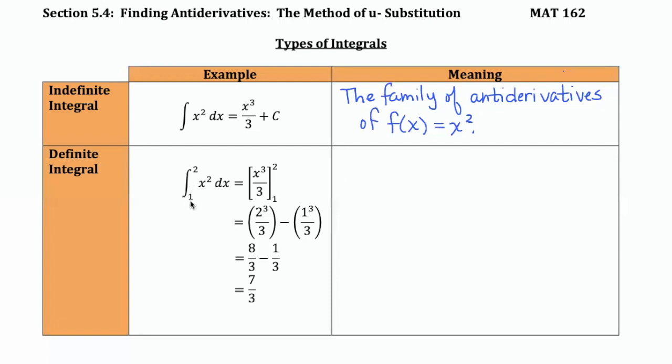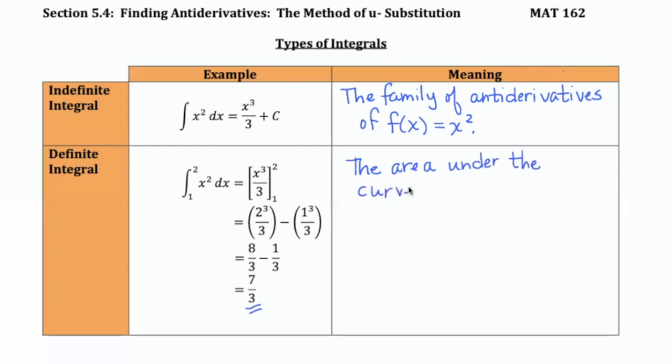However, when you have limits on your integration, then it becomes a definite integral because it represents a definite shaded area. So you can see here the work that you would go through, and the important thing here is the result is actually a number, and that numerical value represents the area under the curve.